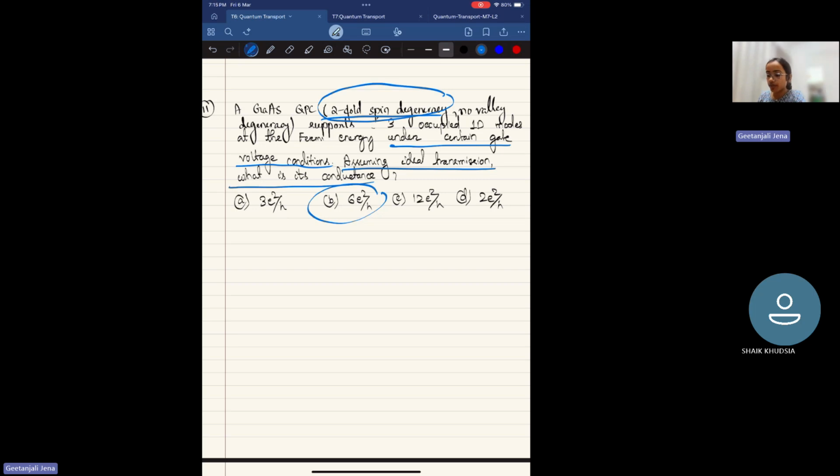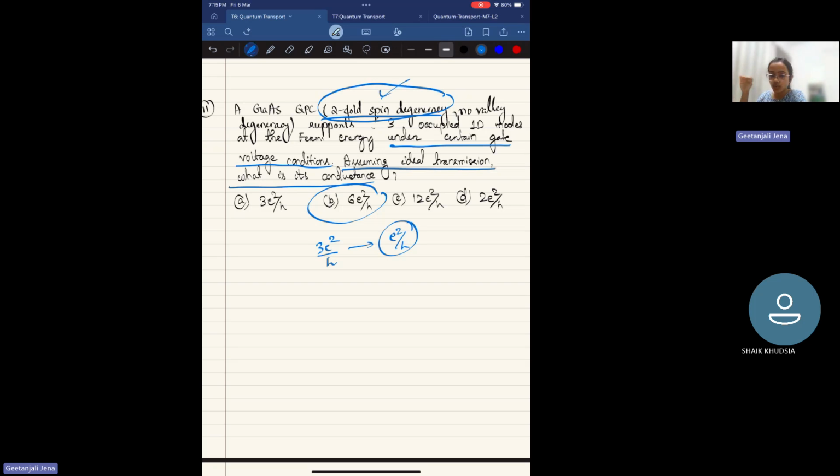If we don't have any degeneracy, then the conductance is 3 e square by h. Each mode will have e square by h, and 3 occupied levels will have 3 e square by h. But now it's given it has a two-fold spin degeneracy.